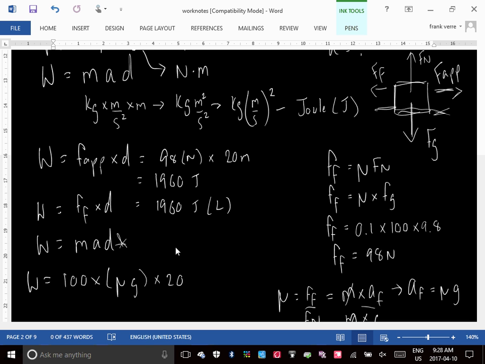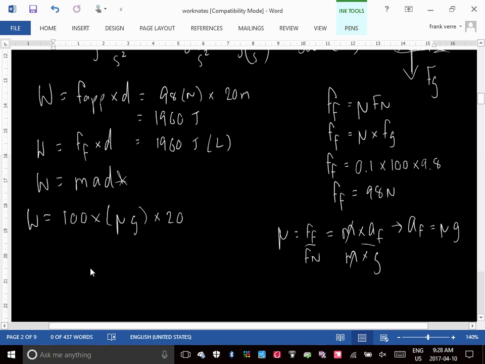Friction is pointing to the left. Applied force is pointing to the right. There is an acceleration due to friction pointing to the left, but there's the same acceleration due to the applied force pointing to the right. So we can think of it in terms of accelerations too.